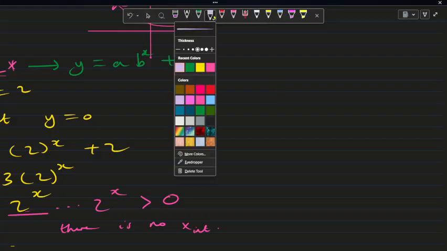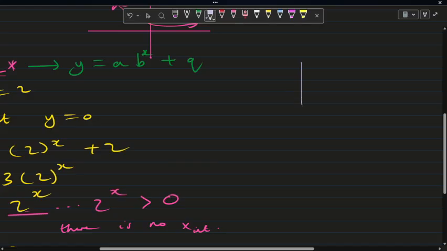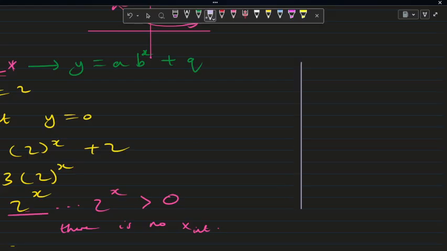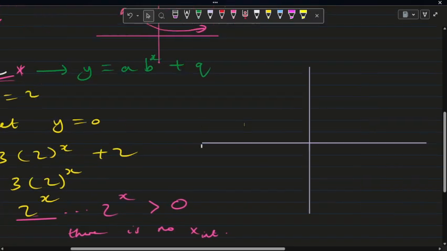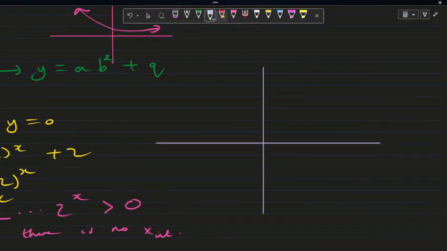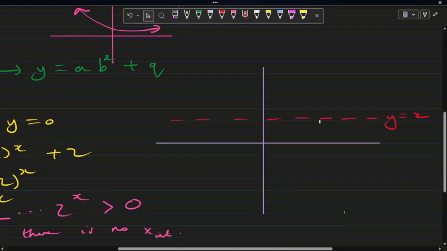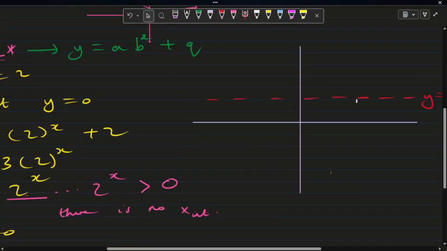We can see that it will be like that, and then the asymptote is y is equal to 2. So this will be the line y is equal to q. So y is equal to 2. This is our asymptote.